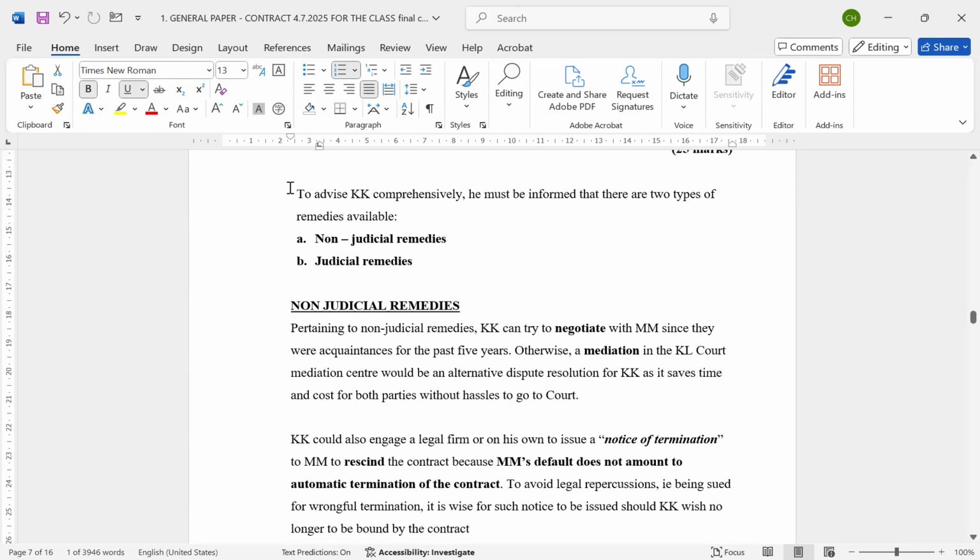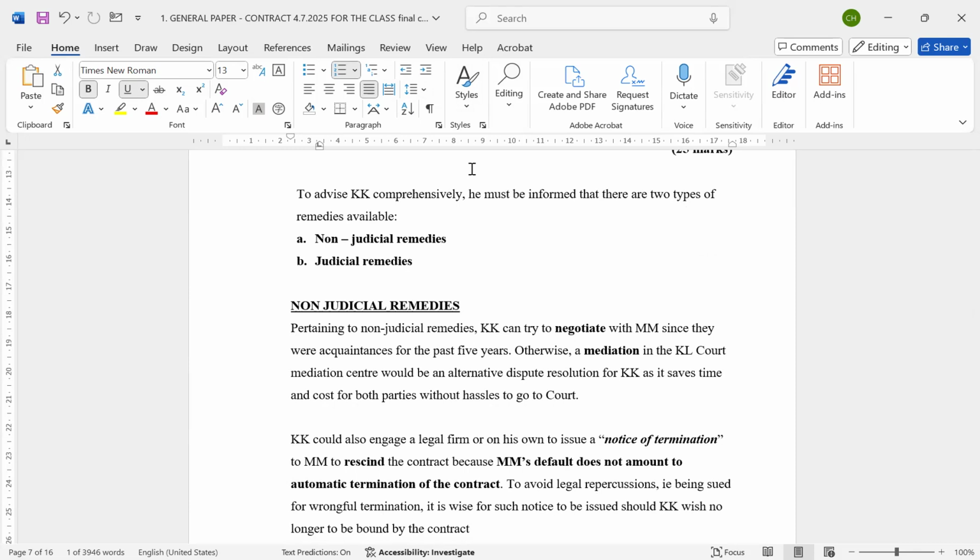So to advise KK comprehensively, you must think like a lawyer. There are several types of remedies, and remedies are actually defined as the ways to solve problems. So you are not going to limit yourself to just civil action.